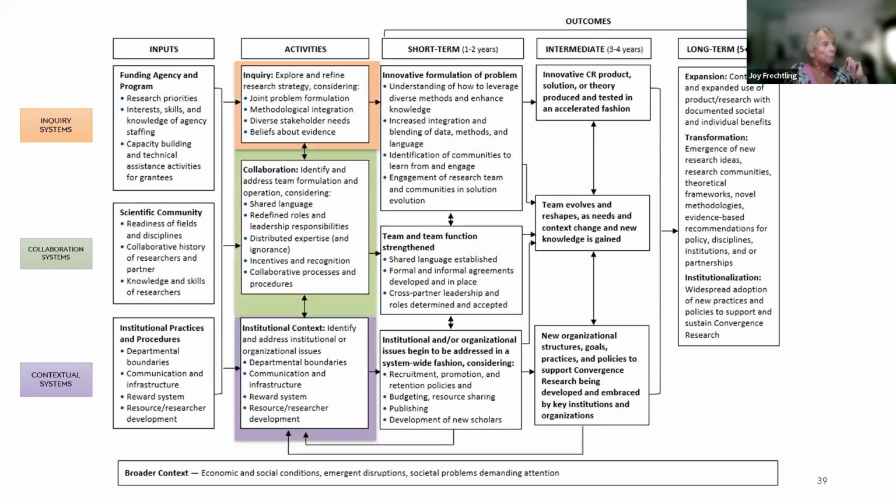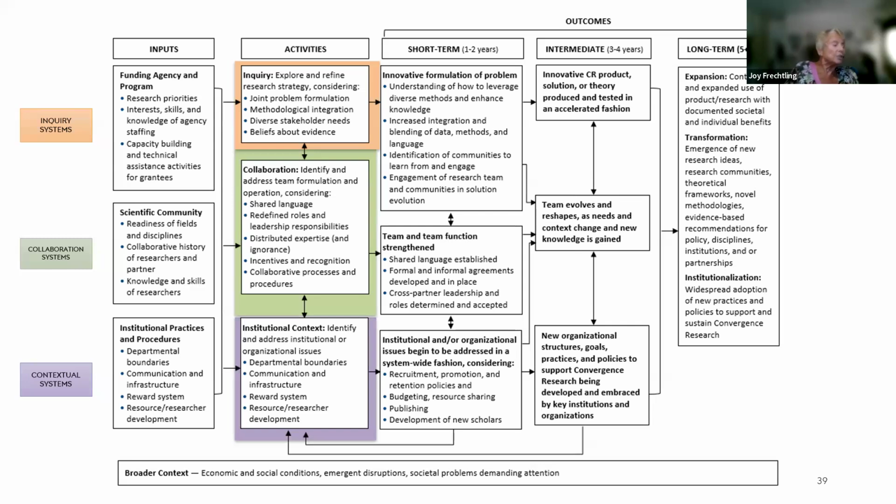What would you measure? And here we talk about some things that you would measure in each of the systems. To what extent, for instance, in inquiry, do you have joint problem formulation? To what extent in the activities are you seeing evidence of diverse stakeholder needs?